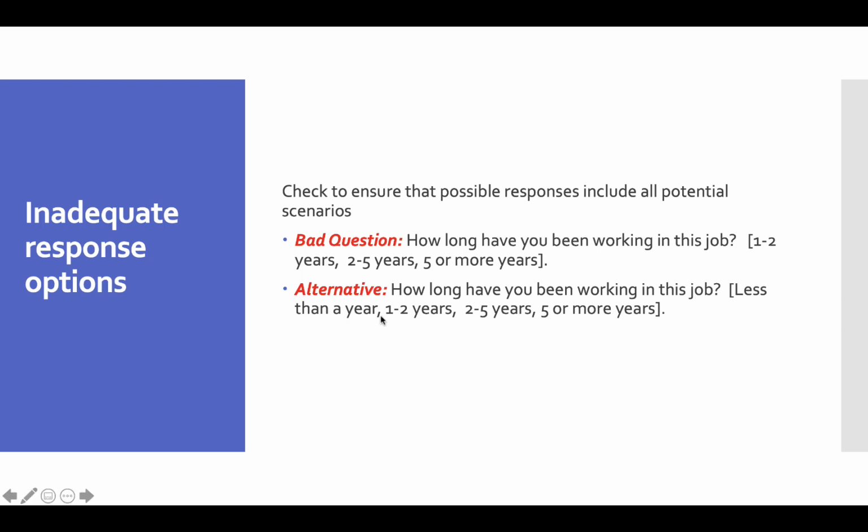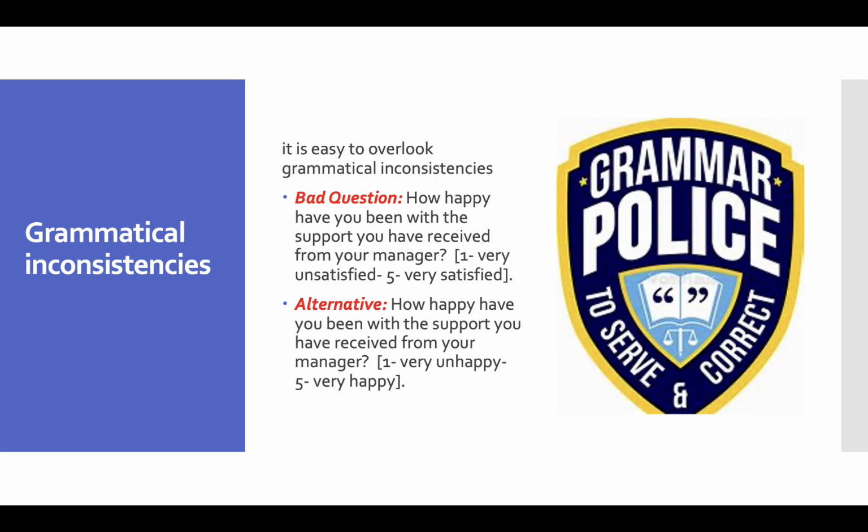Less than a year, 1 to 2 years, greater than 2 years to 5 years, greater than 5 or more years. So this one needs to be cleaned up a bit. So I would do 1 to 2 years, greater than 2 years to 5 years, 5 or more years. That's a better question. Sorry about that.